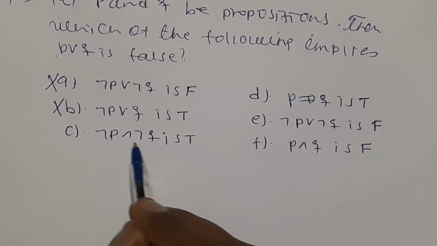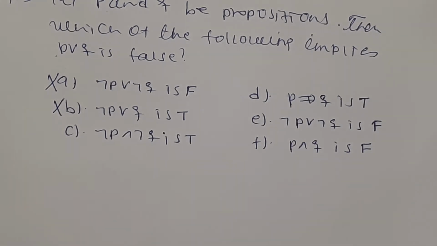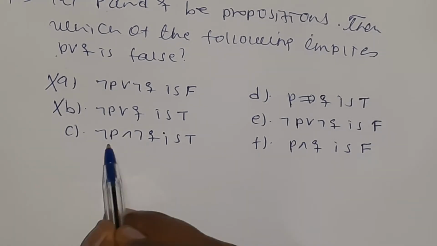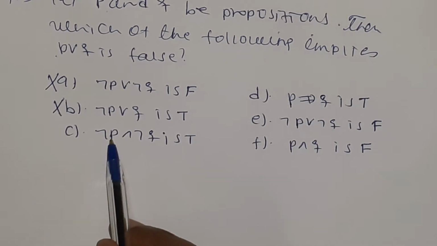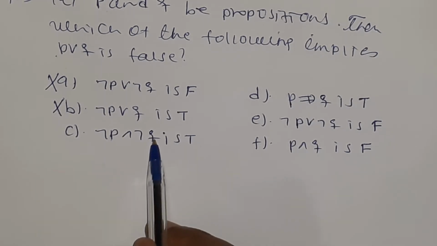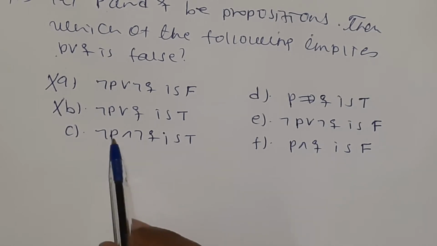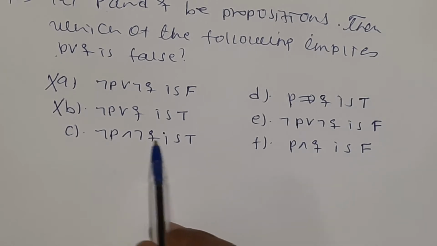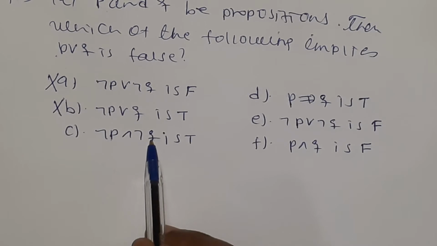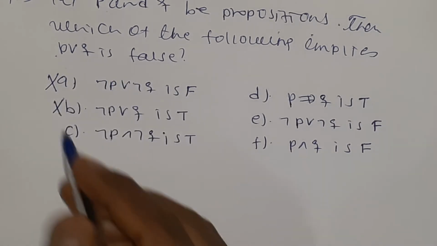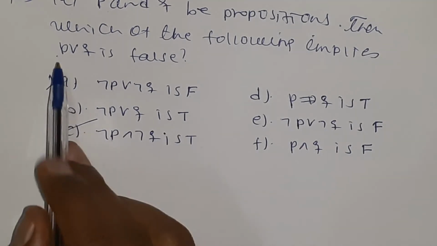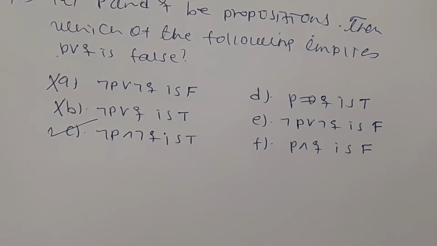Here, negation of P and negation of Q is true. It means for this statement to be true, since it is a conjunction, both negation of P and negation of Q must be true at the same time. If negation of P and negation of Q are true at the same time, P and Q are false. So that false or false implies false. Therefore, this can imply P or Q is false.